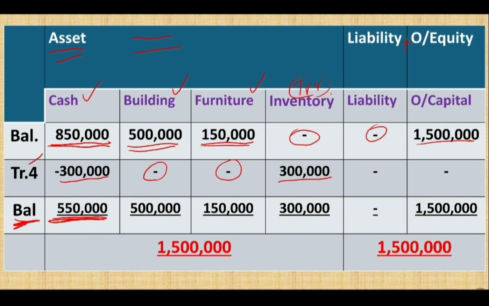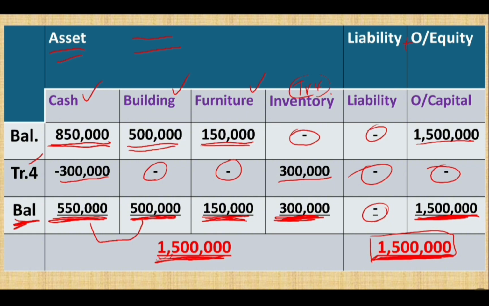In transaction 4 there was no building purchased, there is no furniture, but there was inventory, that is a t-shirt that costs 300,000. So inventory is increased by 300,000 in transaction 4. So the balance of inventory after transaction 4 is 300,000. Balance after transaction 4 for owner capital is the same, 1,500,000. Here the liability is also the same, it is 0.